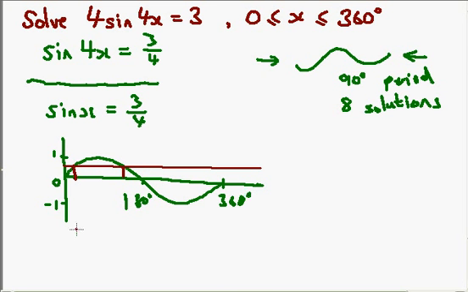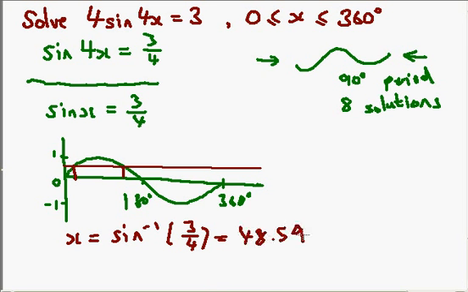The first solution can be got just from putting it straight into your calculator, inverse sine of 3/4, and that is equal to 48.59, etc. I'll write 48.59 to 2 decimal places.